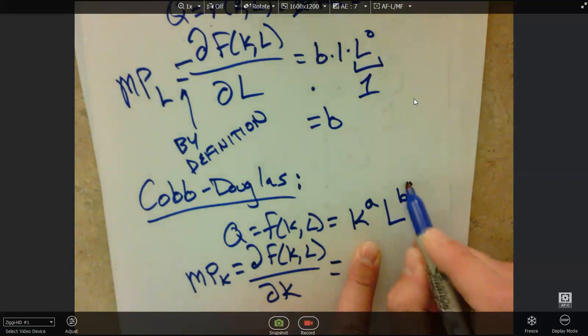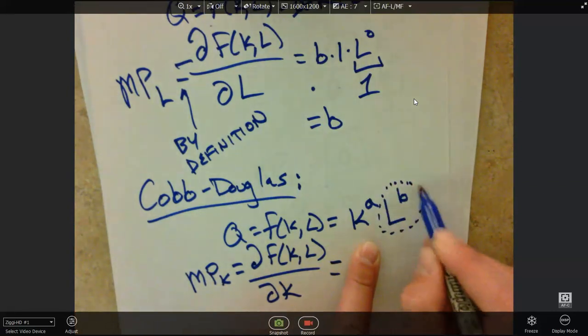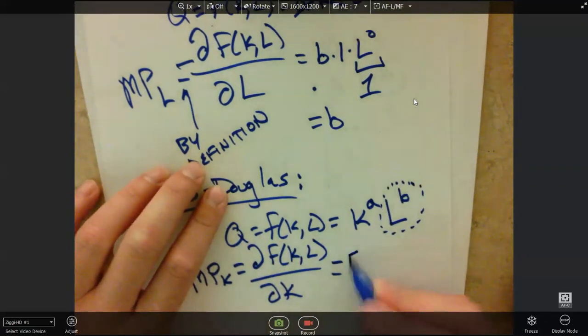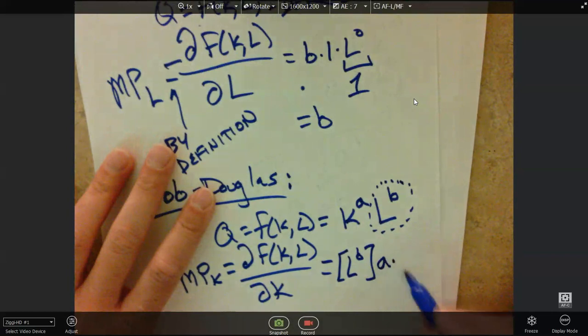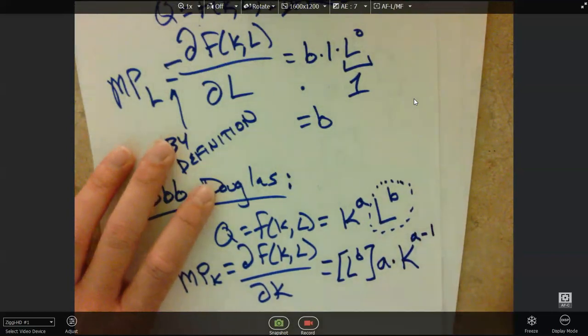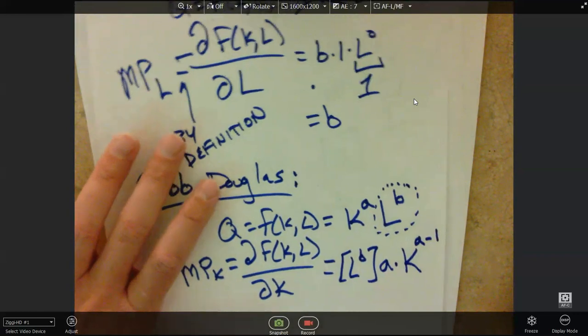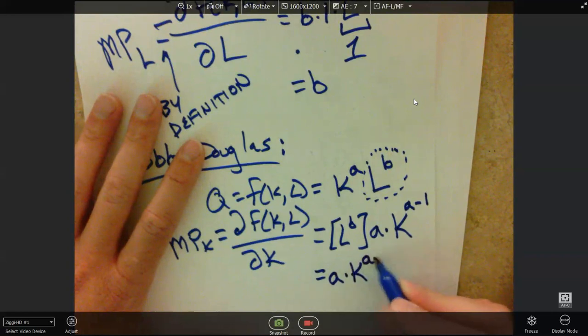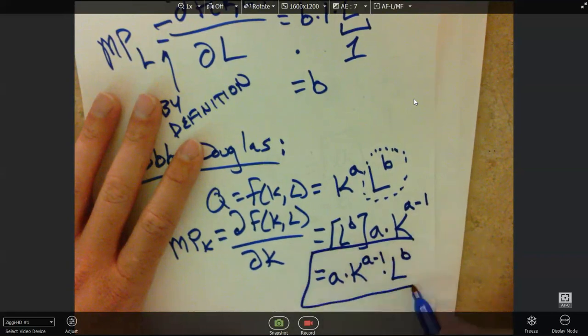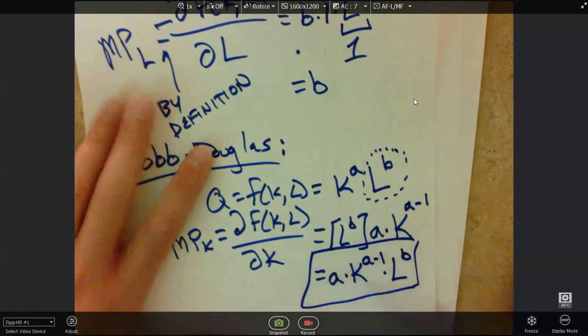So essentially you can just take this, treat it like it's 17 or something, right? Put it ahead of it, L to the B, and then do the same kind of A times K to the A minus 1. And that's literally the answer. I mean, we can just rearrange some stuff and do A times K to the A minus 1 times L to the B, just to rearrange stuff. But these are equivalent. They're just as correct.